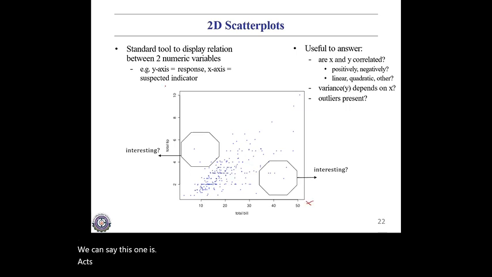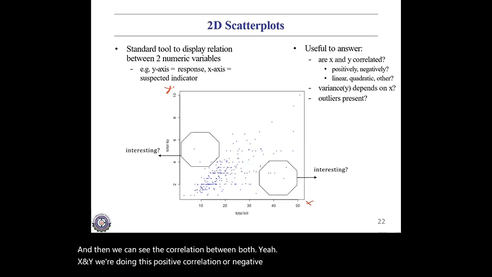We can see the correlation between X and Y, whether it is positive or negative correlation, linear or quadratic.